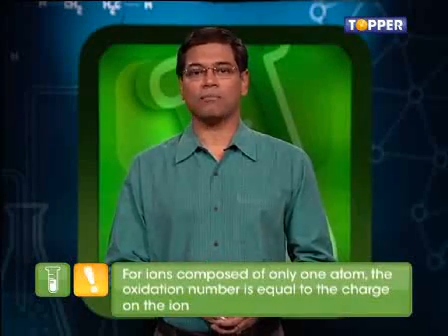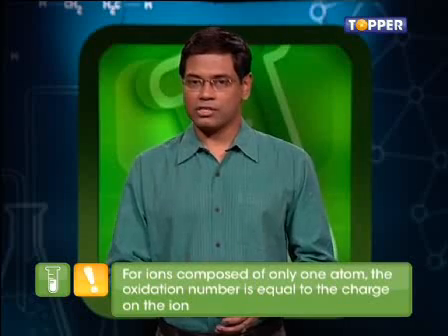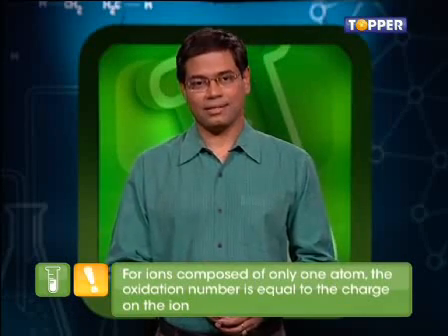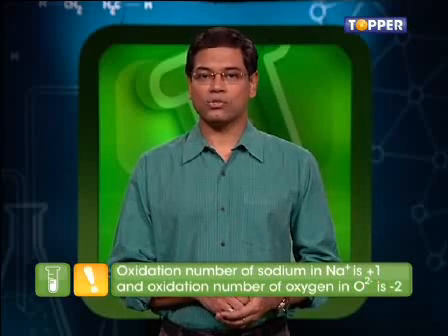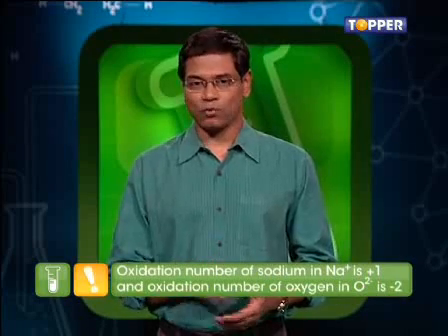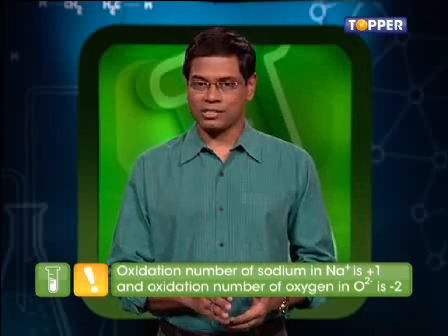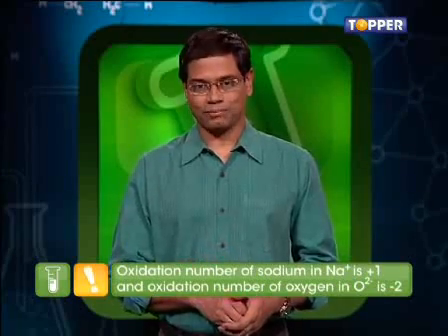Here is another one. For ions composed of only one atom, the oxidation number is equal to the charge on the ion. Sounds complicated? Let's make it easier by taking an example. The oxidation number of sodium in sodium ion is +1 and the oxidation number of oxygen in oxide ion is -2.